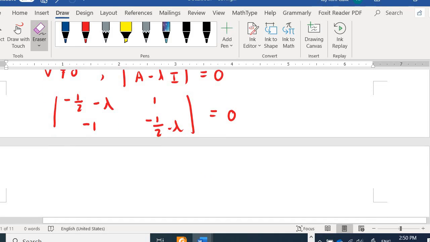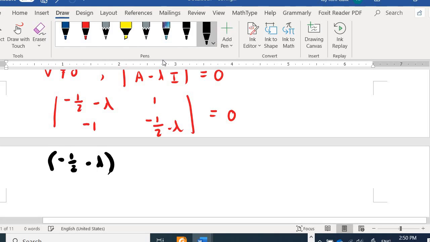So this one you solve it, you have negative half minus lambda, squared, minus negative 1 times negative 1, equal to 0.